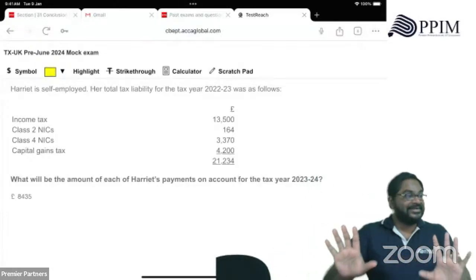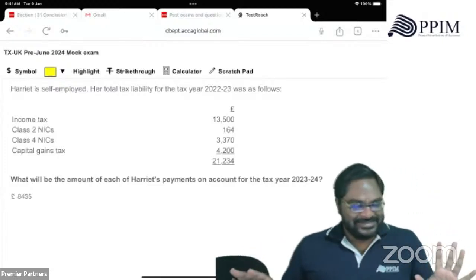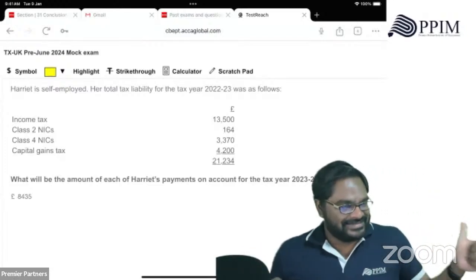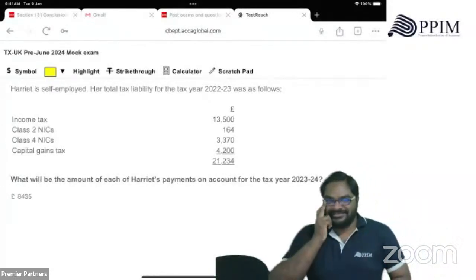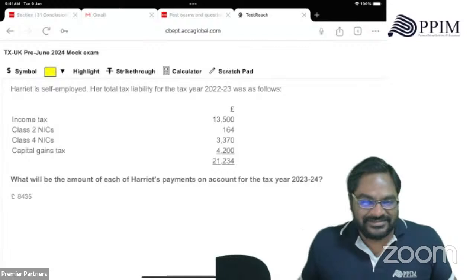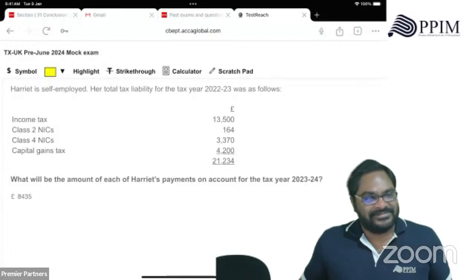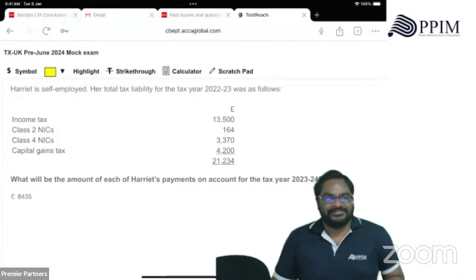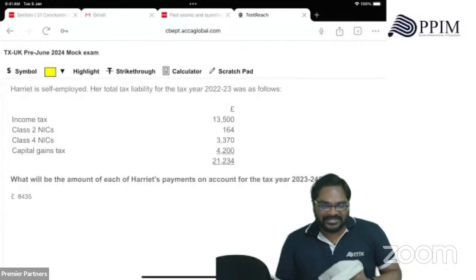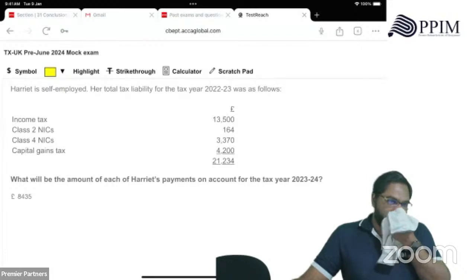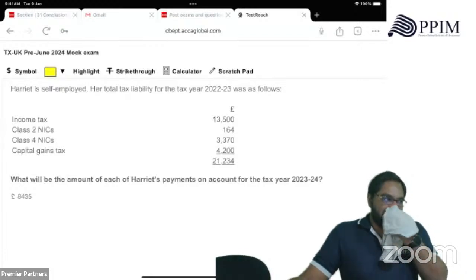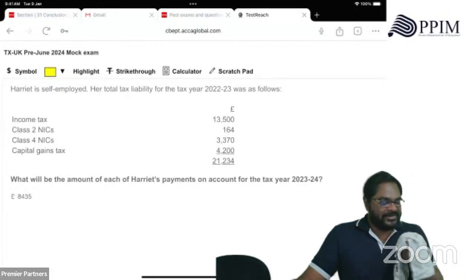We are talking about tax liabilities here. Income tax is the income tax liability. So we can make a payment for income tax or class 4. So 13,500 plus 3,370 divided by 2. That's your answer.